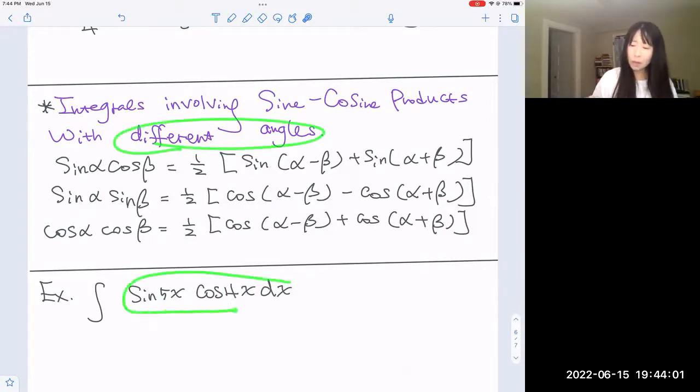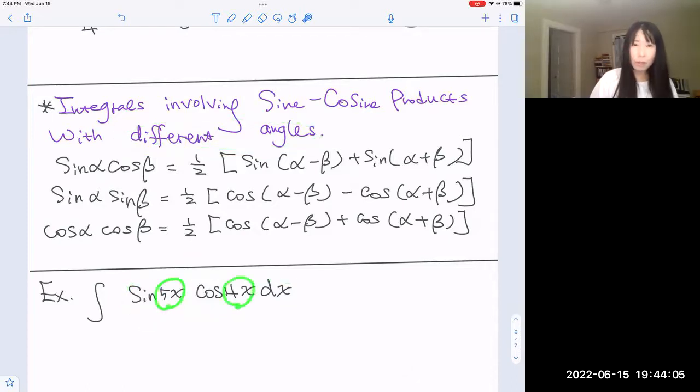So this is a product, and since the angles are different, we look for sine alpha, sine beta. The first one, we're going to use that. Make sense? Yes, okay.